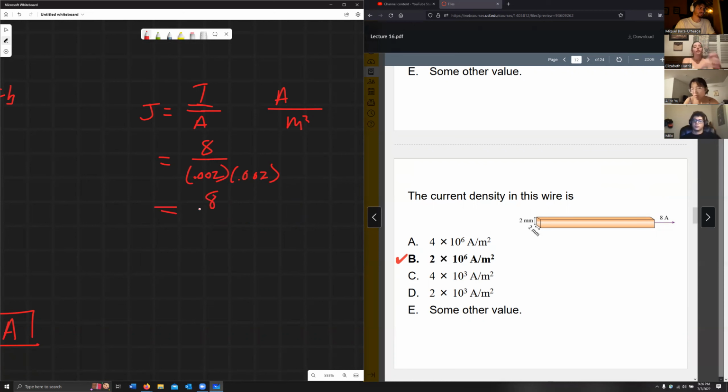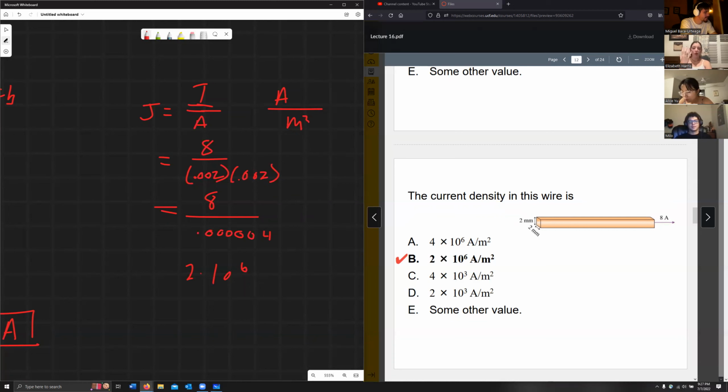That's the important part. And then you get 8 divided by 0.00004. And that gives you 2 times 10 to the 6, or 2 million amps per meter squared. So if you had a copper wire that was a meter thick, you could deliver 2 million amps of current.